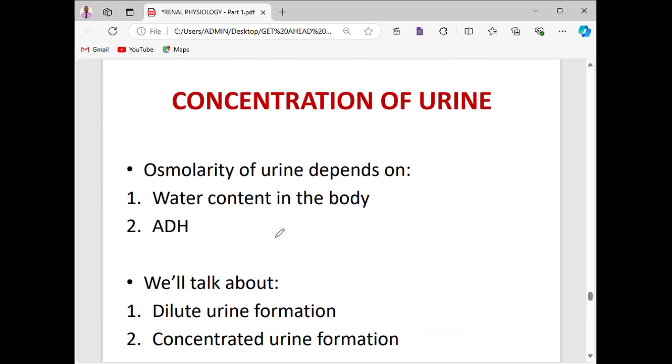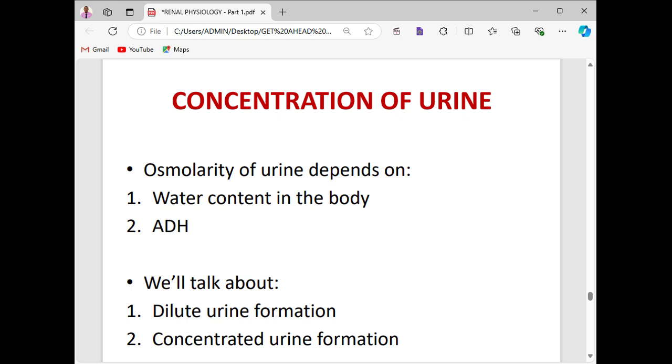Then we come to concentration of urine. Remember, I'm talking about renal function and micturition. Before urine can be excreted, it needs to undergo some process of concentration.